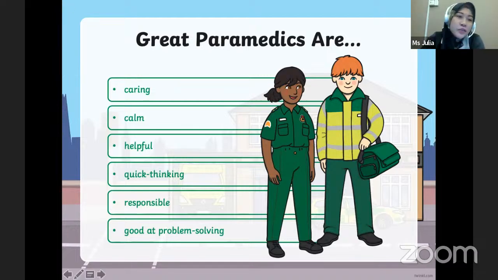Okay, Jihan, I need you to write also these qualities. I will write here on top: qualities of a good paramedic.